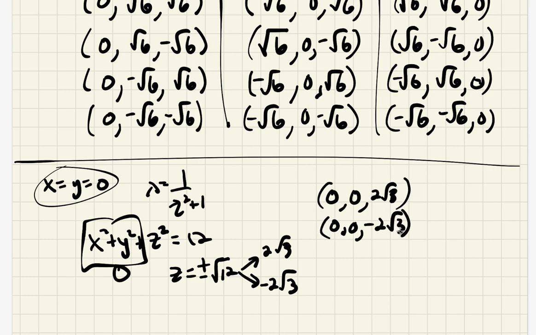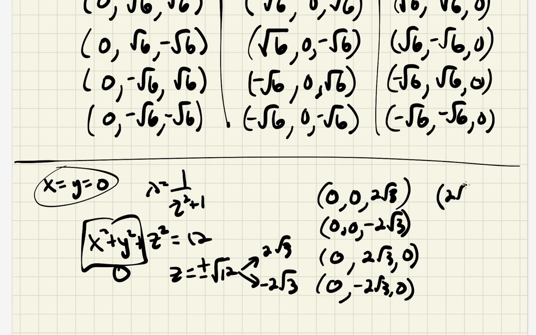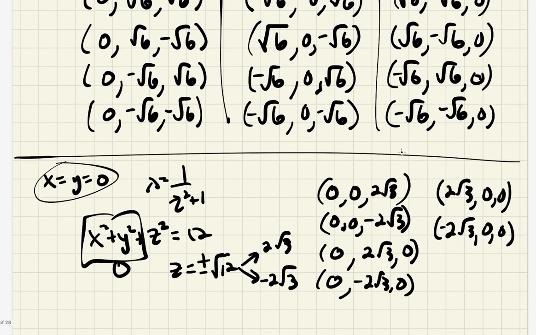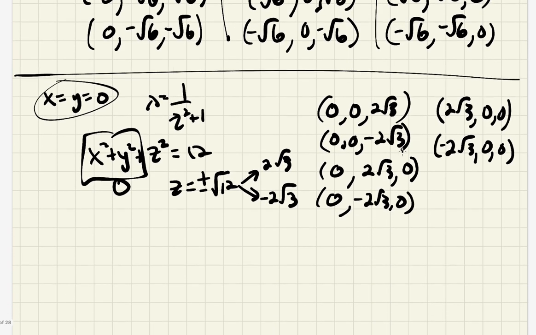Well, who's to say that x and y had to be 0? It could be x and z as 0. It could be y and z as 0. So many points coming out of Lagrange so far, that's 18.